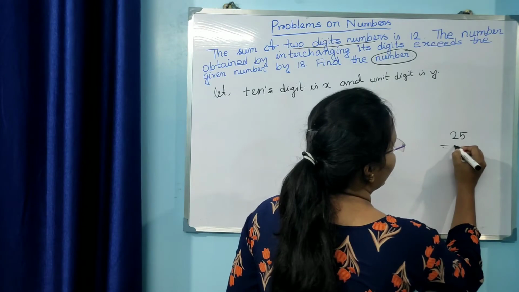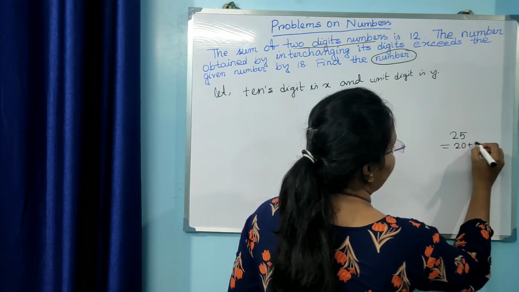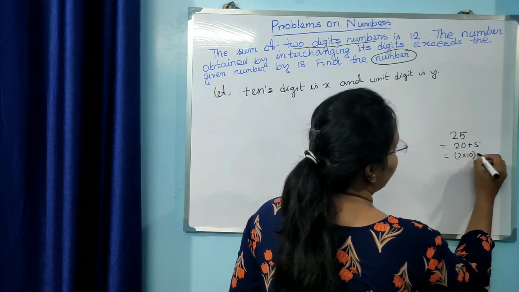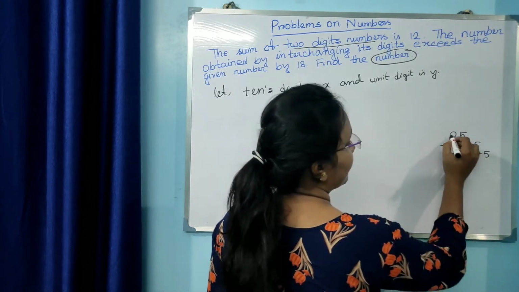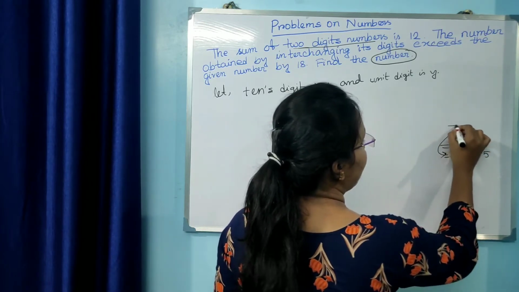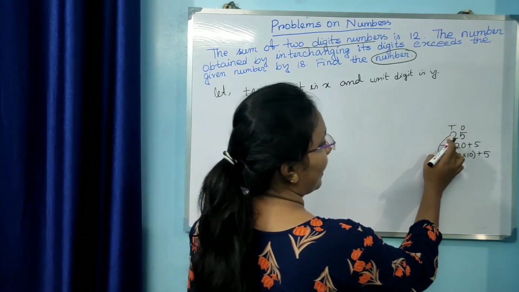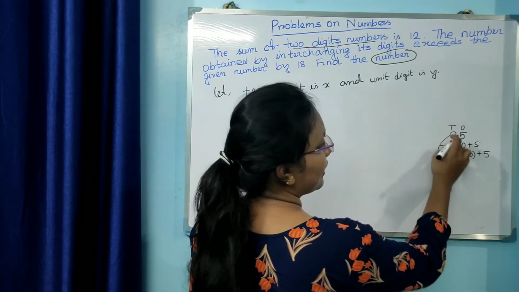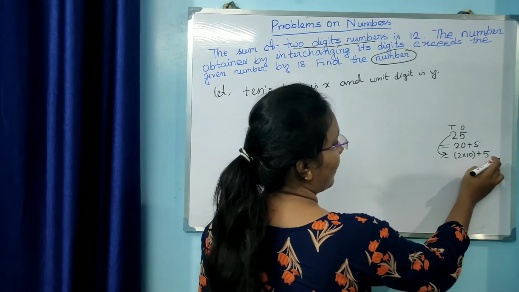That means 20 plus 5. So you can also write it this way, 2 into 10 plus 5. That is 25. That means this is the unit digit, and this is the tens digit. So you can write this number as 2 into 10, that is its place value, plus 5.